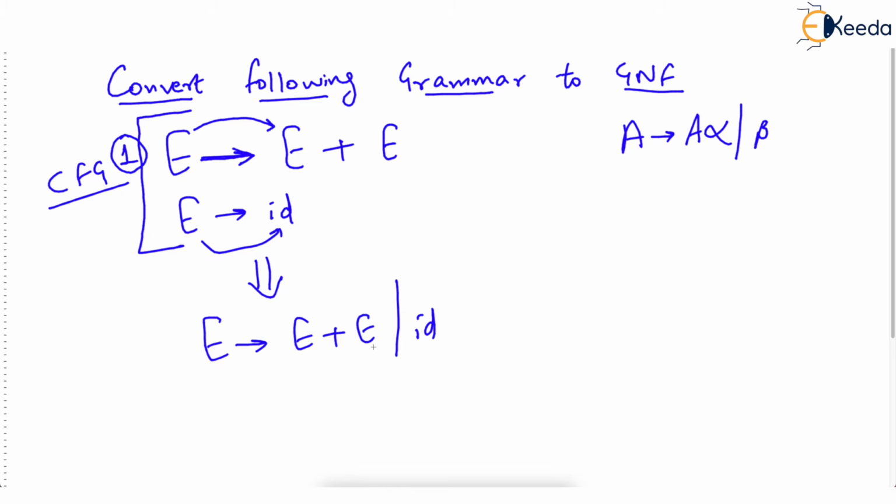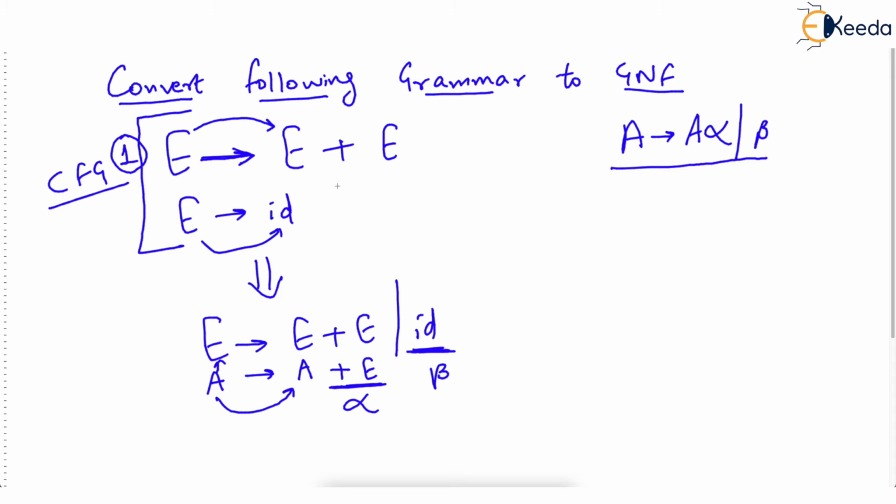Clearly, this is of the form A derives A alpha or beta, where A is E, the same non-terminal occurs on the right hand side. So this portion plus E is the alpha, and what is written after or is beta, correct?